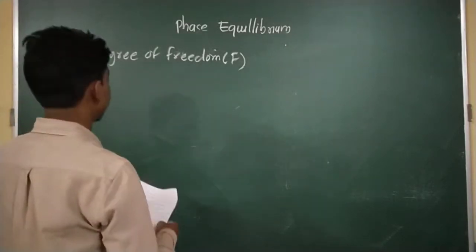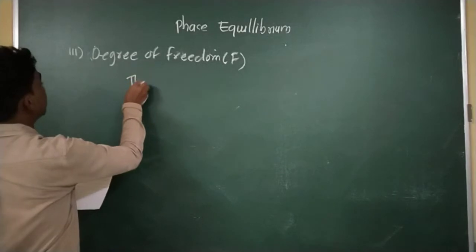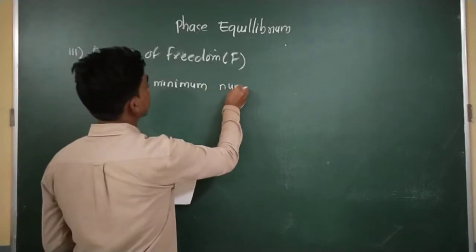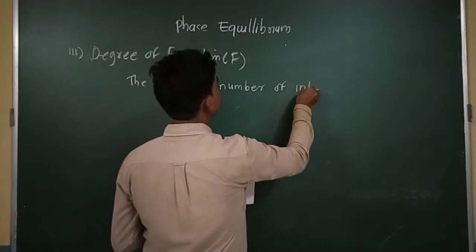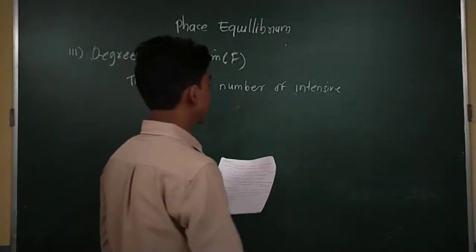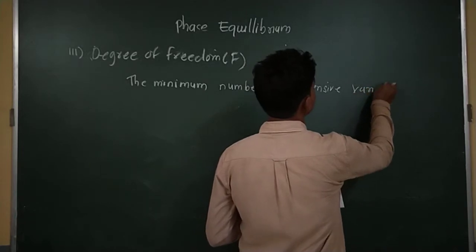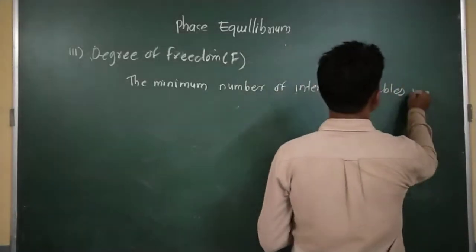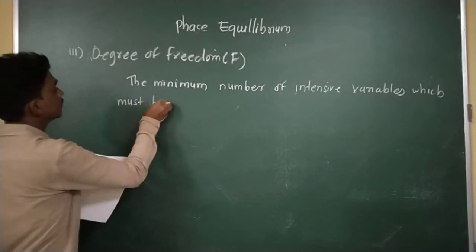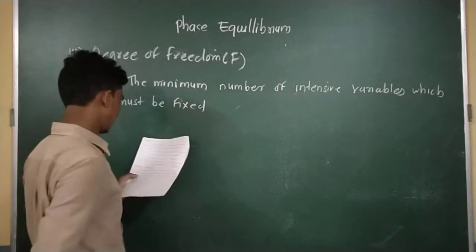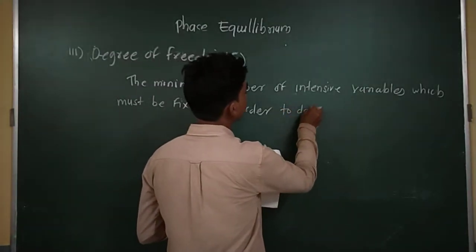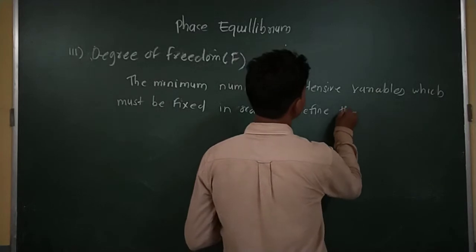Okay, the definition of degree of freedom is like that: the minimum number of intensive variables which must be fixed in order to define the remaining.